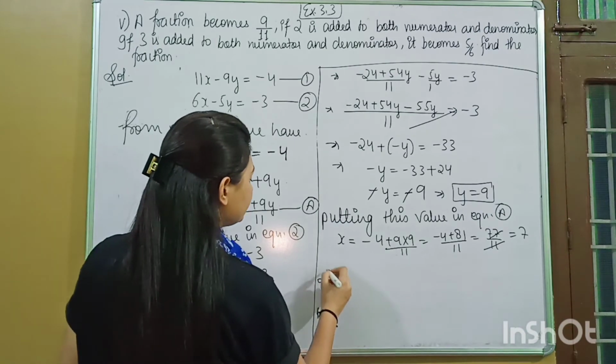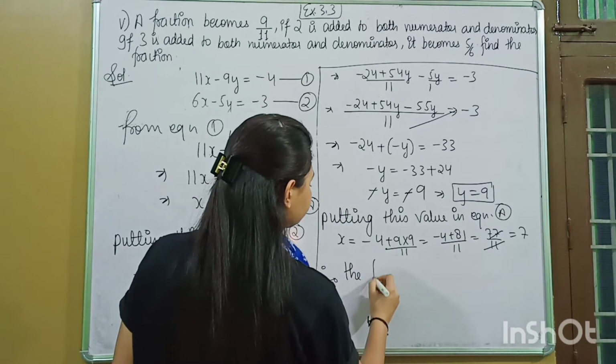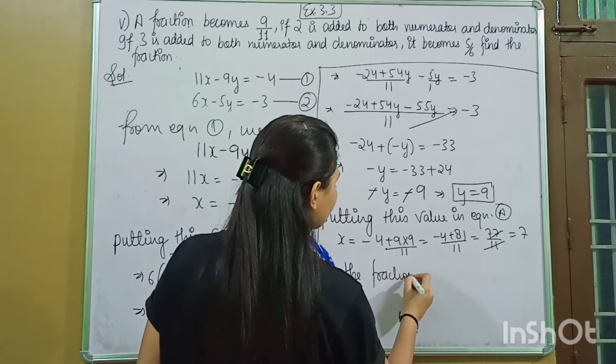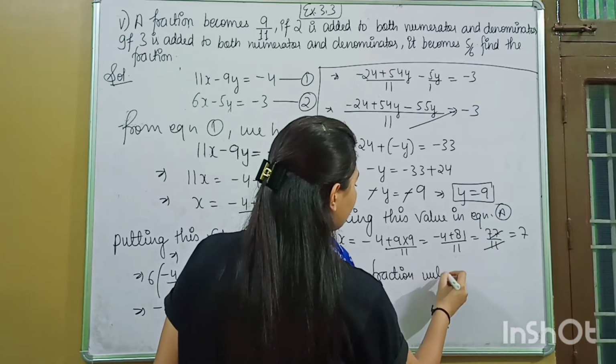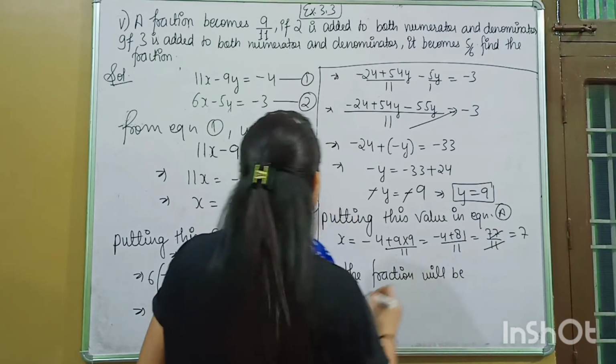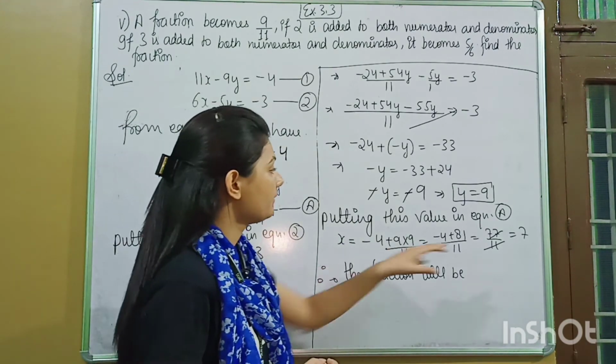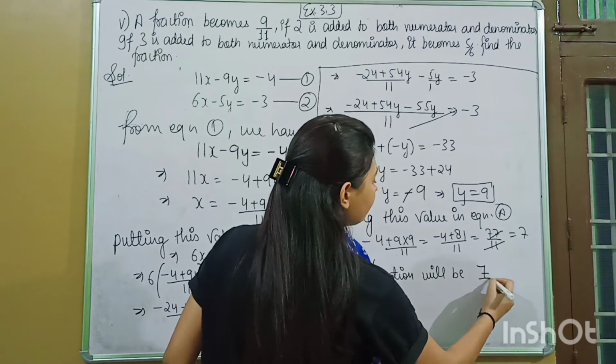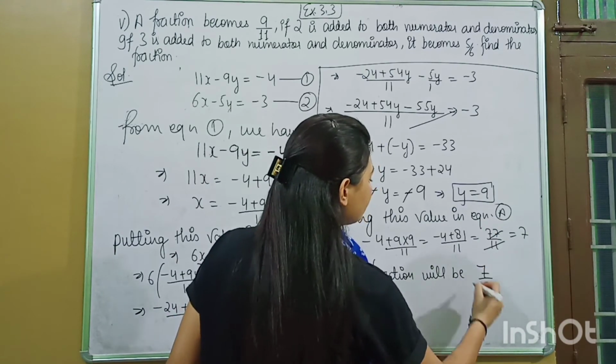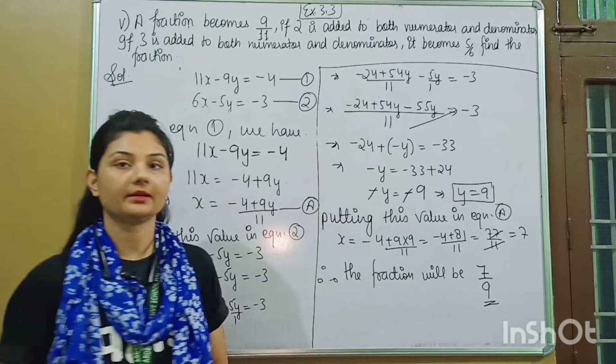So therefore the fraction will be what we have assumed, the fraction is x upon y. Now the value of x is 7 and value of y is 9. Therefore the fraction is 7 by 9.